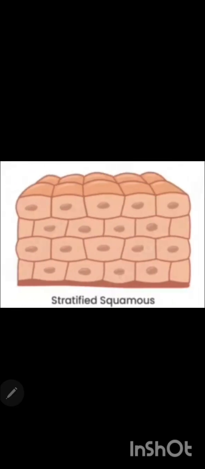So this is the example of the simple squamous epithelial cell layer. And the second example is the stratified squamous epithelial tissue layer. In this diagram, multiple cell layers, more than two, are present, and this is an example under stratified epithelial tissue.